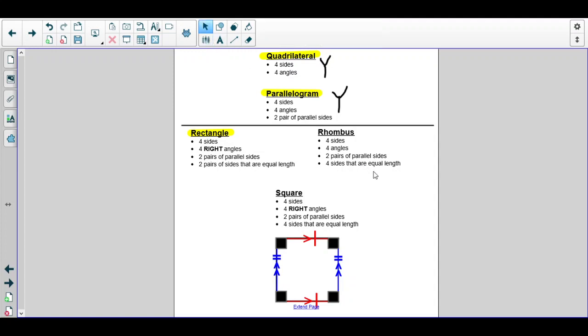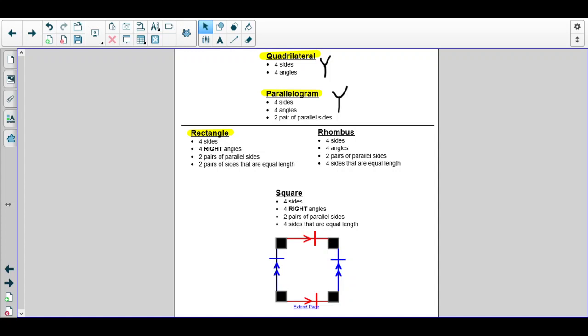All right, do we have a rhombus? Well, we've got four sides, 1, 2, 3, 4, four angles, all right, two pair of parallel sides. So we've got parallel sides here and here, and parallel sides here and here. And then four sides that are of equal length. And if we get our ruler out, we will see that they are equal length.